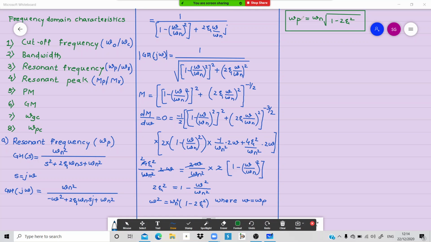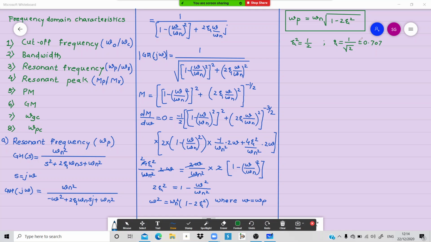When it is greater than 1, it will definitely become imaginary, and it is not possible to have an imaginary value for frequency. That means when zeta square is half, the value of zeta is going to be 1 upon root 2, which is 0.707.